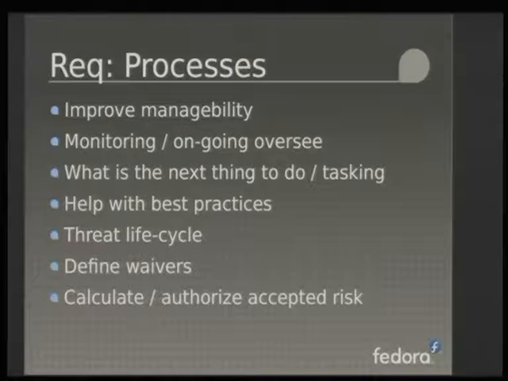Then waivers. A waiver is, for example, if you have a compliance report from your machine, and you know that it is completely okay that this machine is not compliant with these two or three rules, and you want to tell the system that this is okay. Or you need to fix these three rules, but you don't have a time frame, and you need to handle the rest.